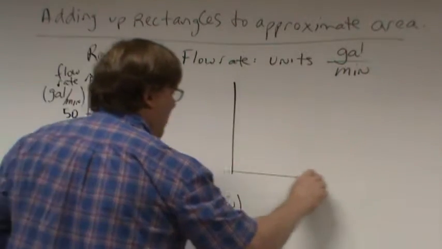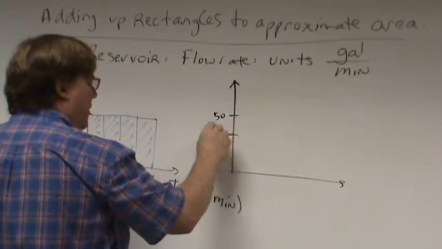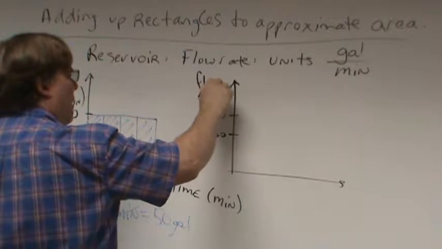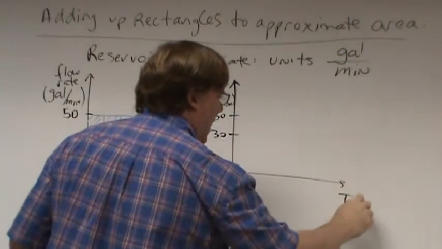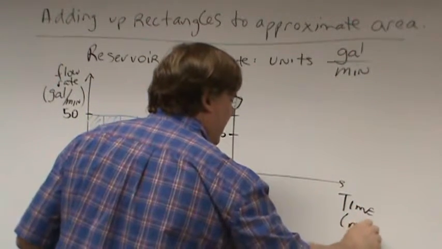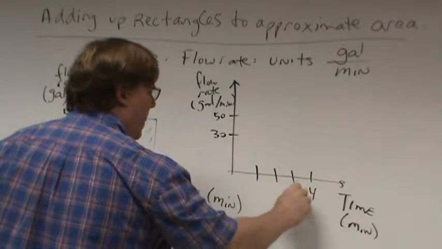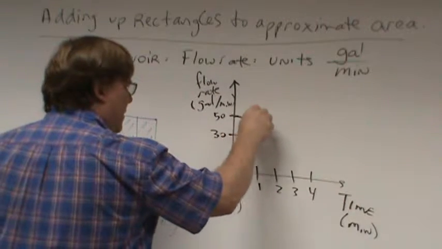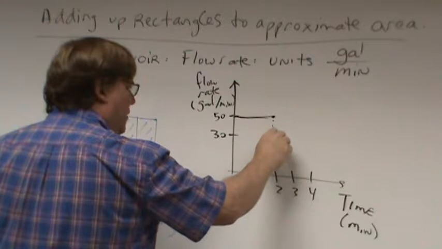Let's do one a lot more complicated than that. Here's 50, and here's 30. This is flow rate in gallons per minute, and this is time in minutes. And suppose 1, 2, 3, 4. Suppose it went like this. For 2 minutes, it was like that. And then the flow rate abruptly changed to 30.